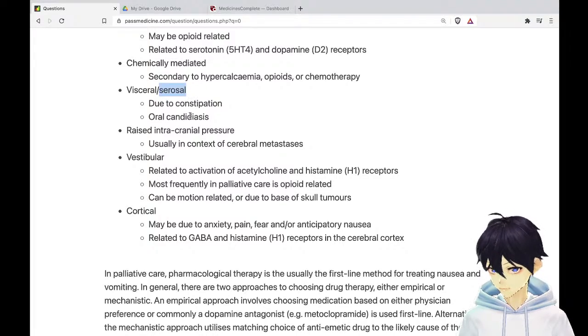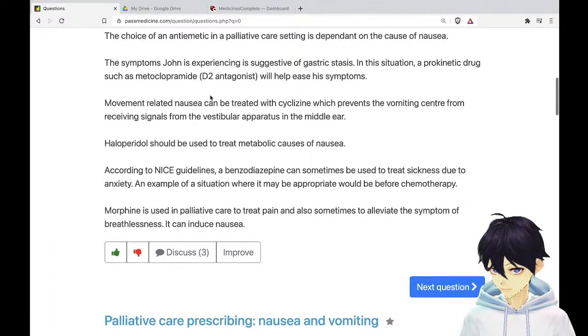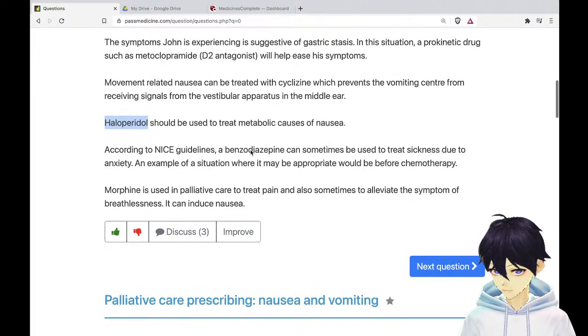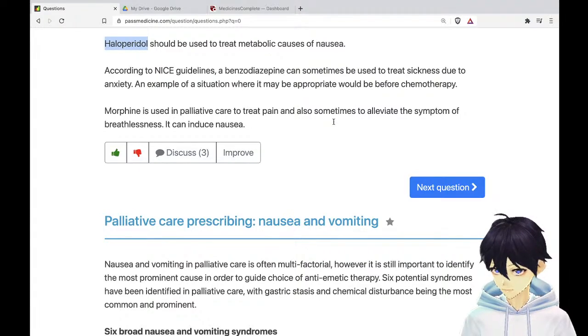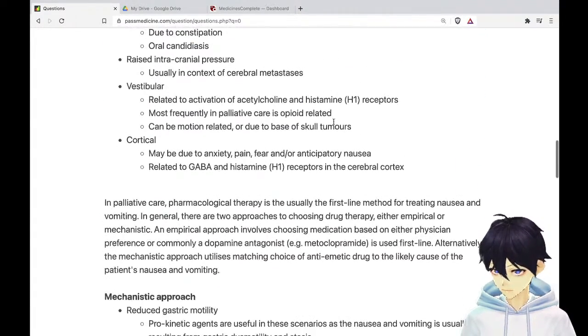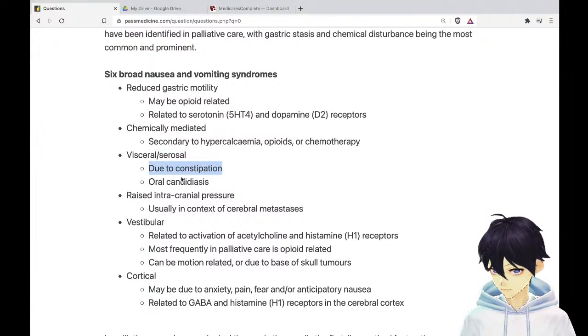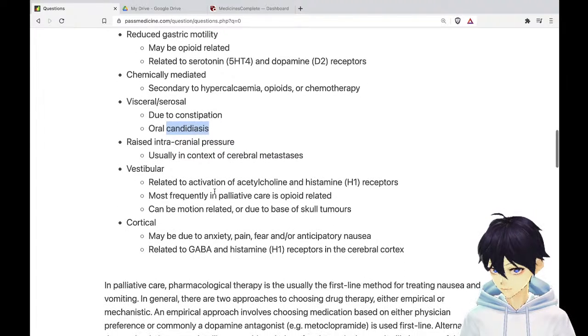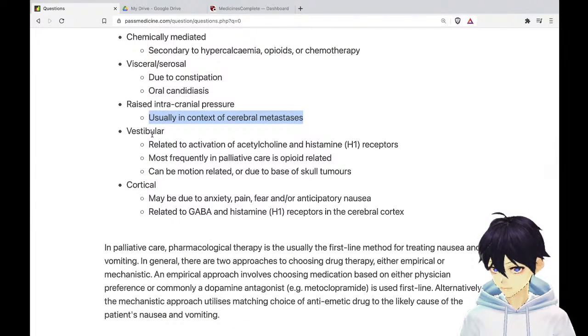So if chemically mediated, just now we discussed that we would use haloperidol. Is that it? Metabolic causes. Visceral or serosal causes of nausea and vomiting due to constipation, oral candidiasis. Raised intracranial pressure, usually in the context of cerebral mets.